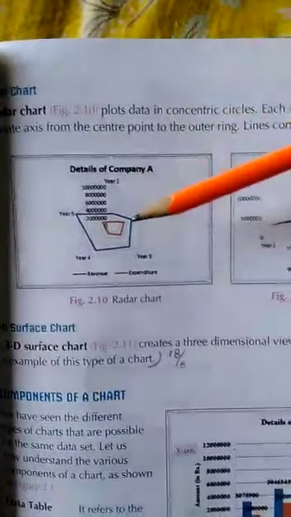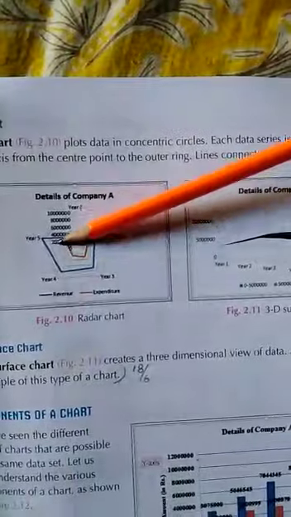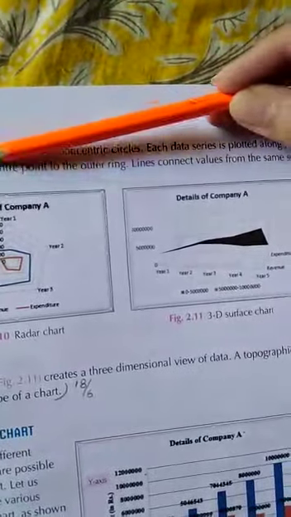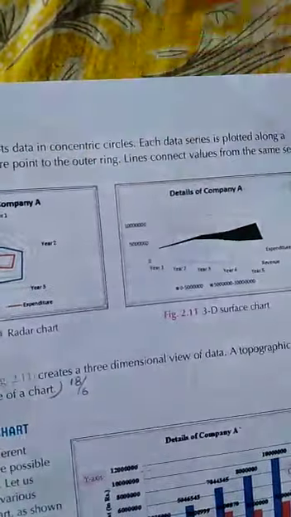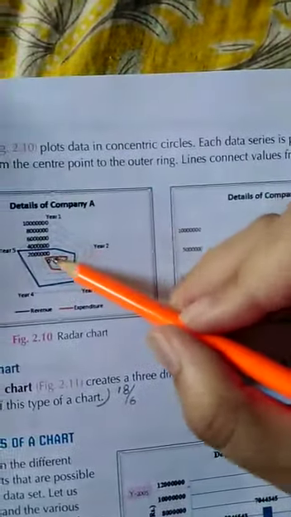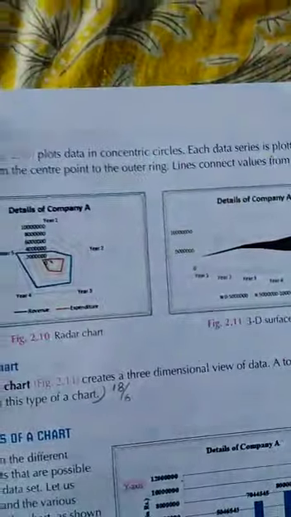Then a radar chart is like this. It plots concentric circles. Each data series is plotted along a separate axis from the center point to the outer ring. For example, it is the same center point, and it places the rings here.